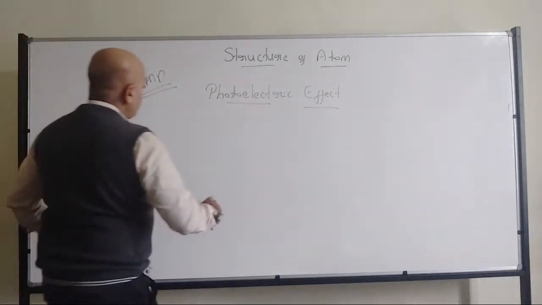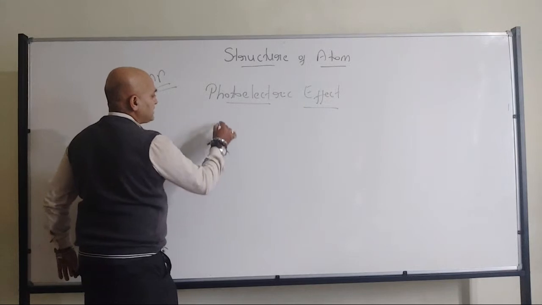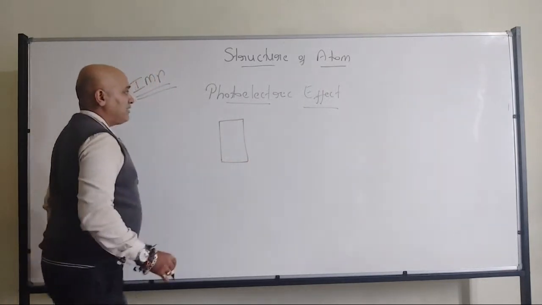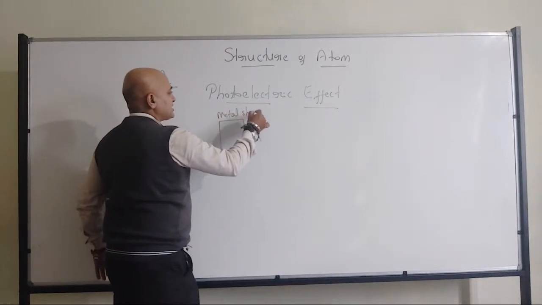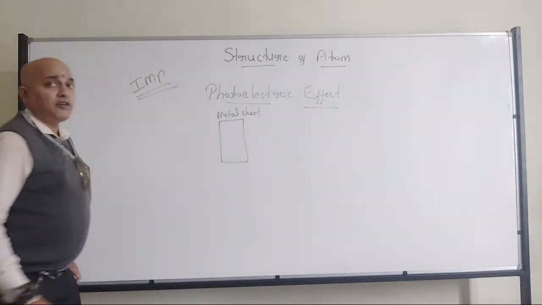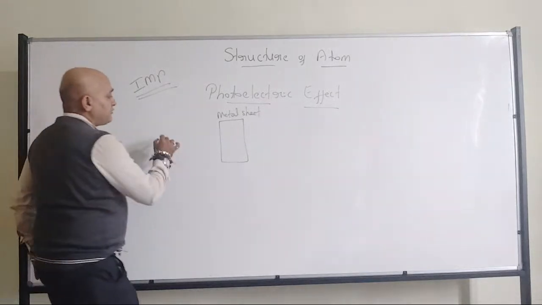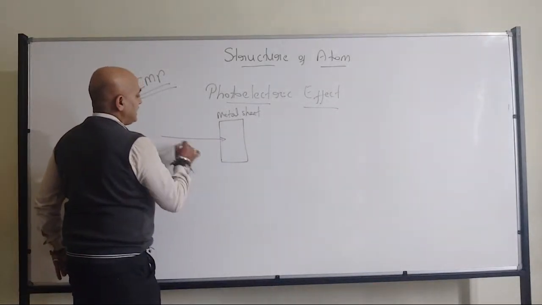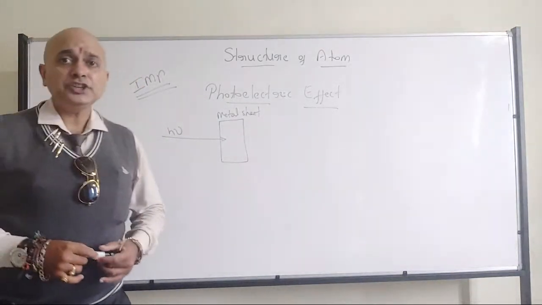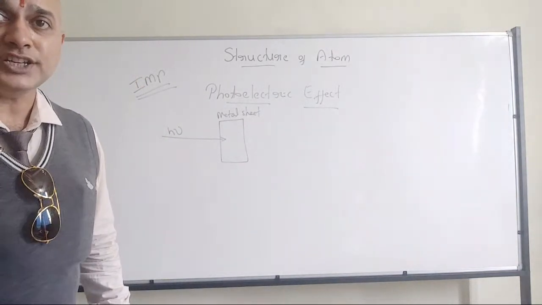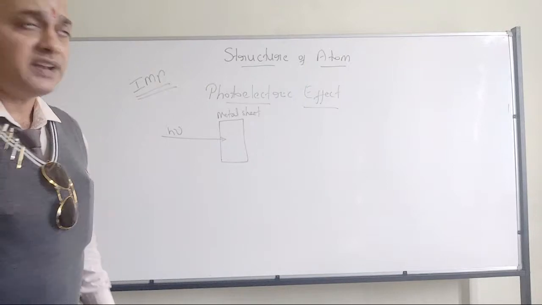See, for example, we will have a metal sheet. This is a metal sheet. Now this metal sheet will be exposed to a radiation, h nu. That means energy, a particular frequency of radiation.